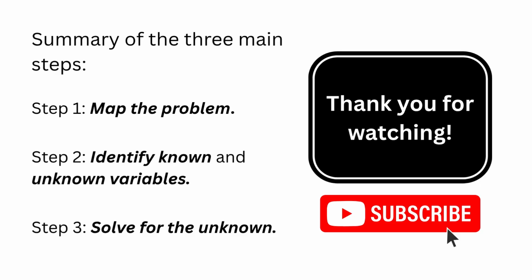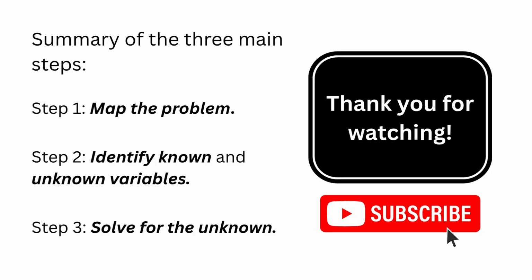Okay, so now let's sum up the 3 main steps that we just discussed to solve problems like this in algebra, where you're dealing with a particular situation or application and you need to find an unknown. The first step is to map the problem out. Once you map it out and you've got a good idea of what's going on, you can then identify what you need to solve.